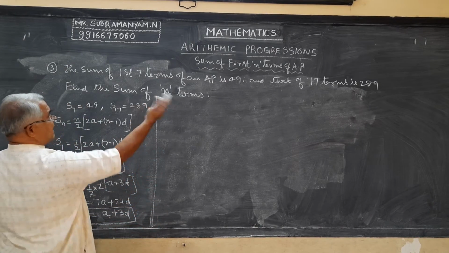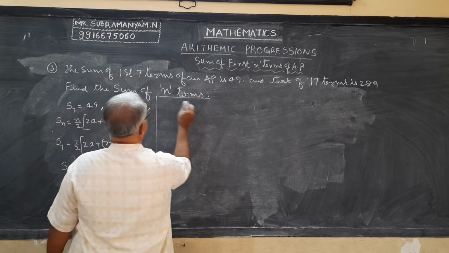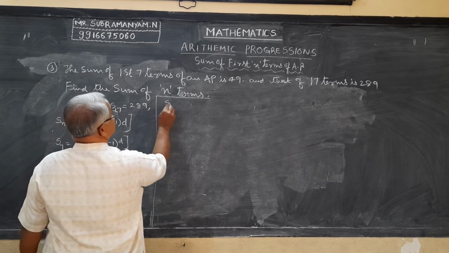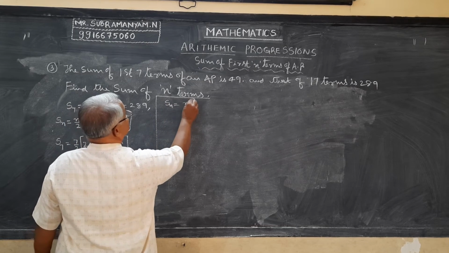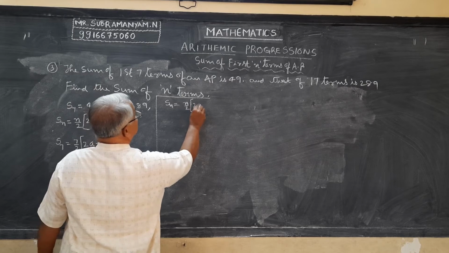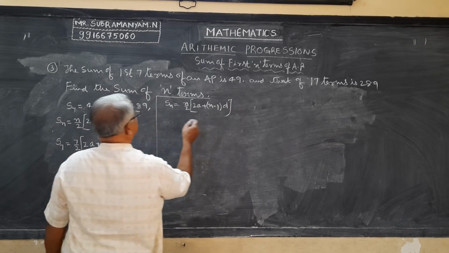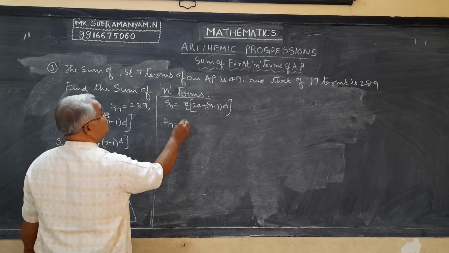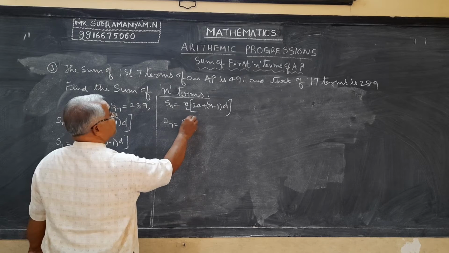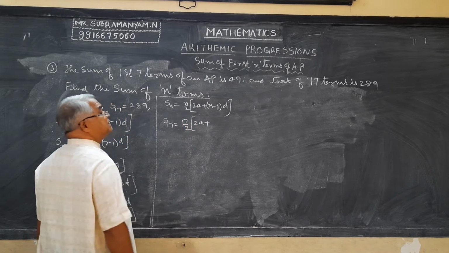Now we take the second one, that is 289. Sn equal to n by 2 into 2a plus n minus 1 into d. S17 equal to 17 by 2 into 2a plus.